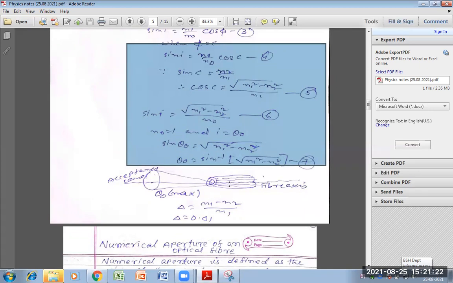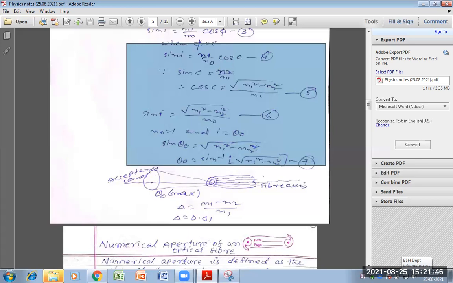The cone is known as the acceptance cone.